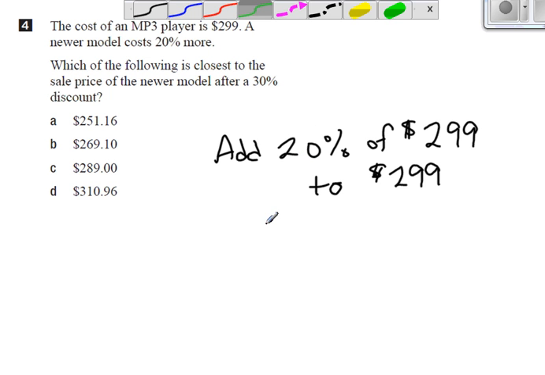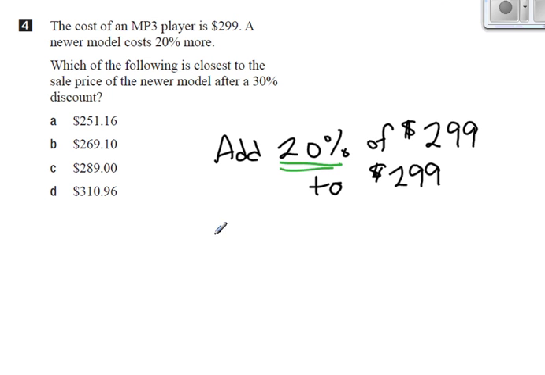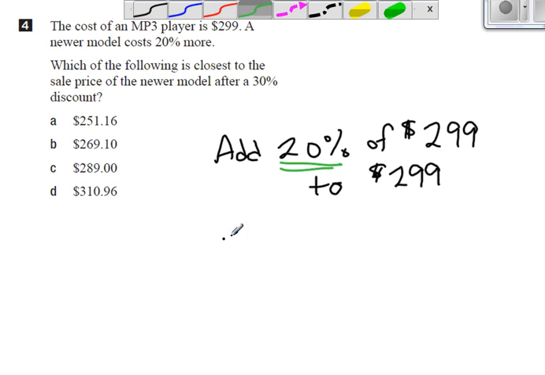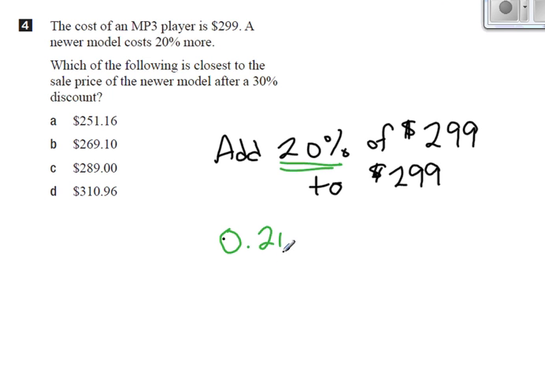The math you do is you take 20% and write it as a decimal. It still looks like the number 20, but it's now decimal 0.20. That's 20%, and the math was to divide by 100. The word of in math is almost always a multiplication. So 0.20 times 299 gives me 59.80.